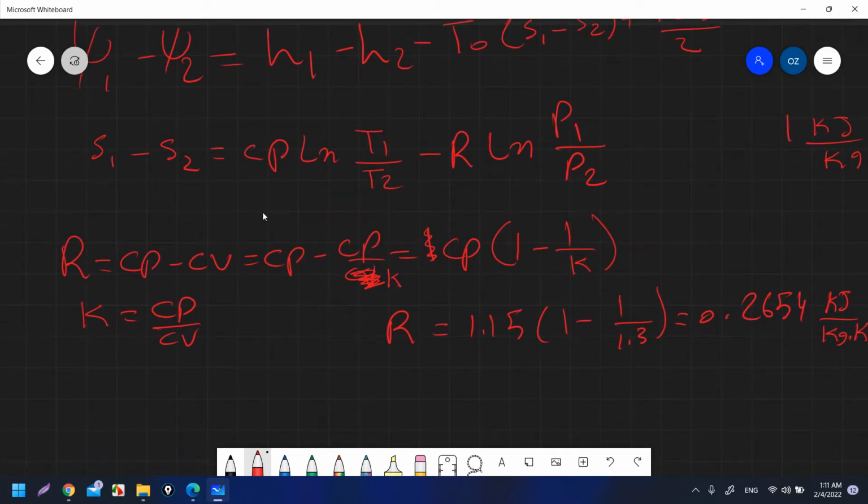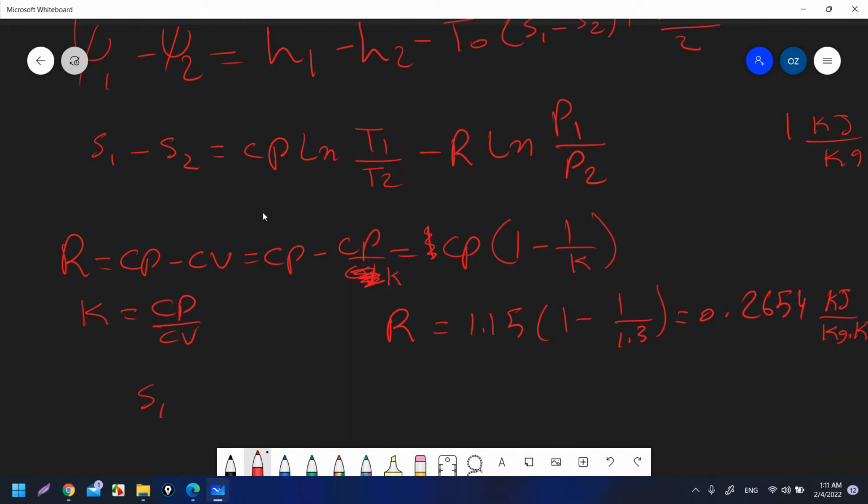So for S1 minus S2, Cp is 1.15 ln T1. So look, here is 1, we wrote 1 first. If we wrote 2 first, this will be 2. So be careful. Ln T1 should be in Kelvin, so it is 900 over 723 T2, minus R 0.2654, ln P2 is 230 over 70, kilopascal.